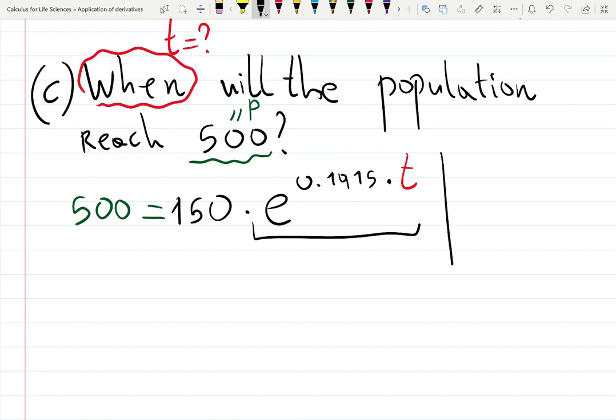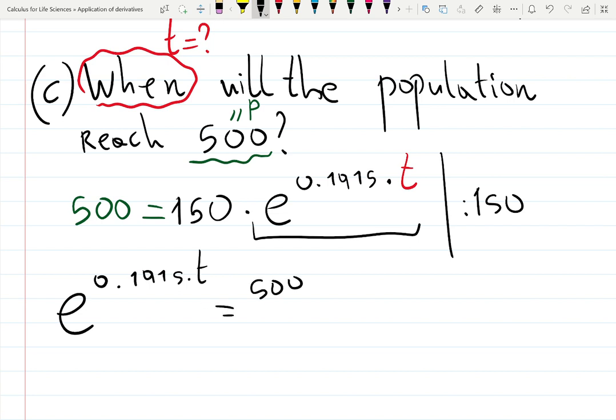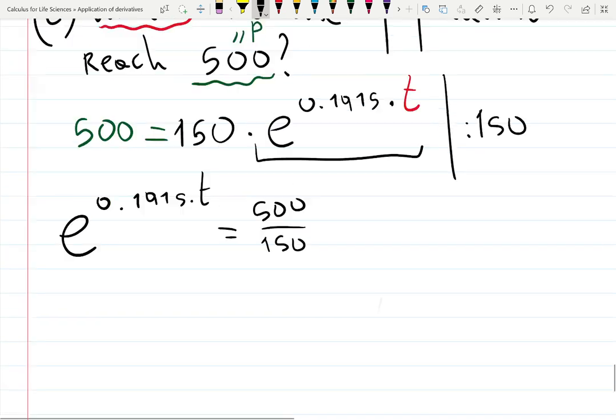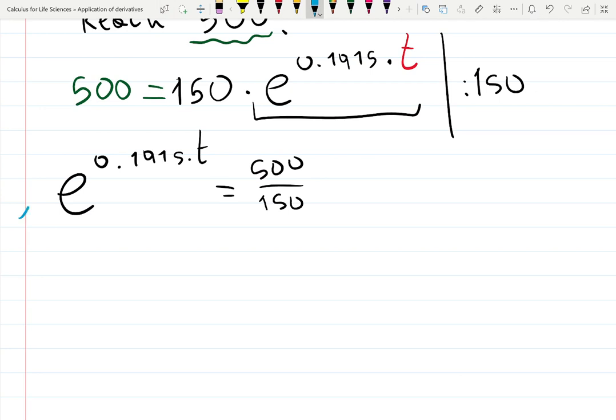Isolate the exponential function by dividing by 150: e to the 0.1915t equals 500 over 150, which you could simplify. Apply log to both sides. ln undoes e, so it's now 0.1915t.